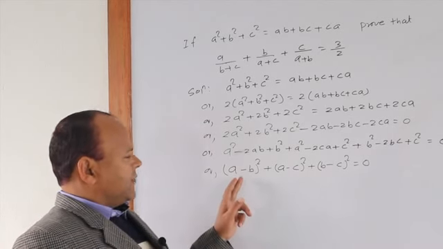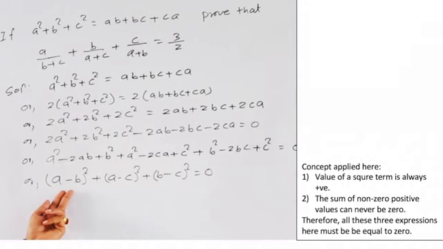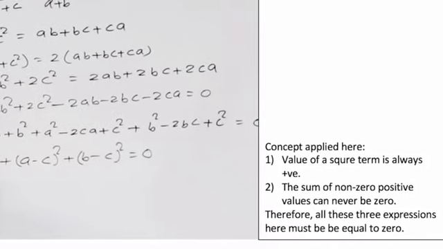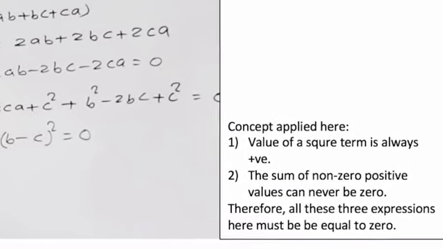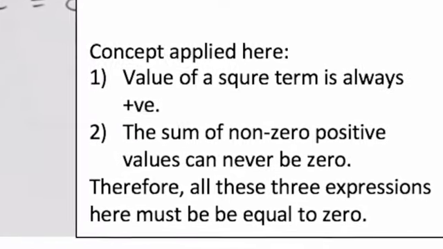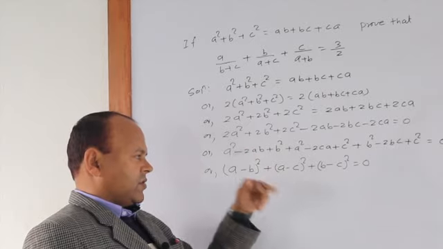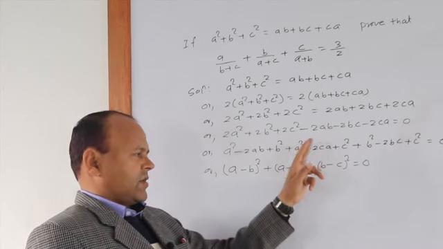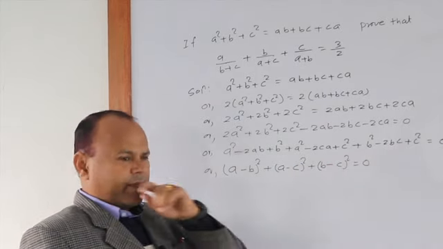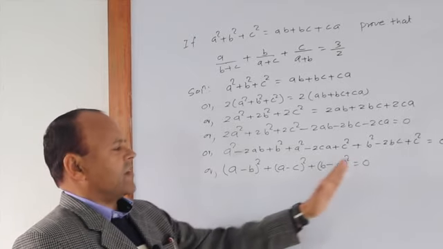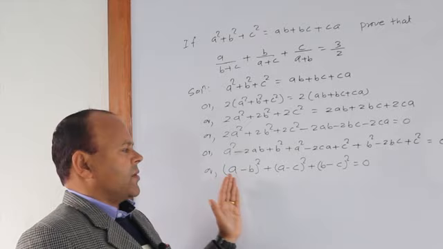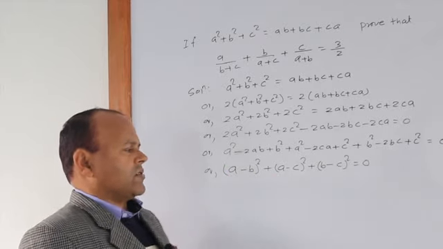And the sum of non-zero positive values to be 0 is not possible here, unless the value of a minus b whole square is 0, a minus c whole square is also 0, and b minus c whole square should also be 0. Otherwise the sum cannot be 0. Non-negative numbers while adding cannot be equal to 0.